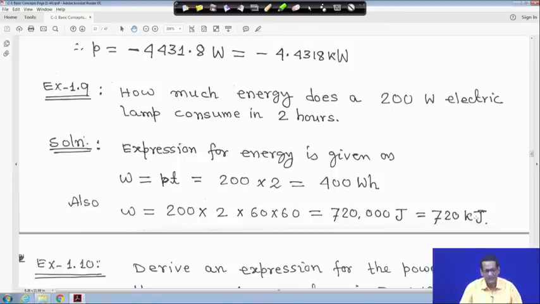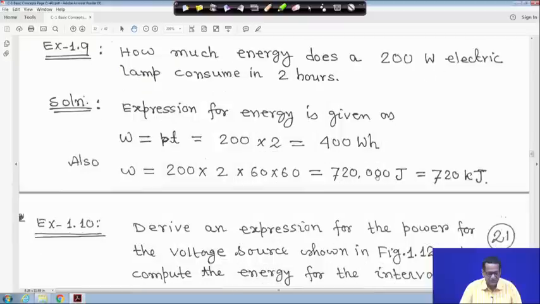As soon as we make this watt hour into watt second, because 1 hour is 3600 seconds, multiplied by 200 into 2, we get this much watt second, and since joule per second is equal to watt, joule is equal to watt second. So this is equal to 720 kilojoule.